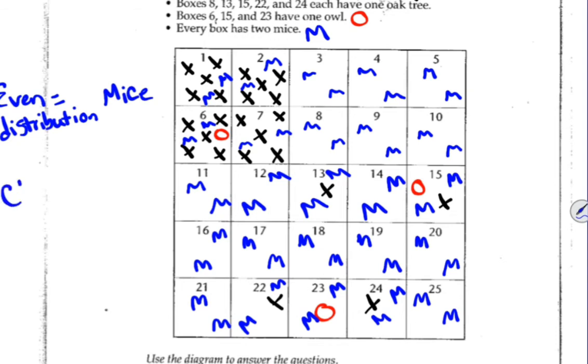Which group has more of a clump? The trees, the oaks are clumped. And what probably happened there is your original oak tree probably grew in one of those first 4 grids, 1, 2, 6, or 7. Okay, the acorns were distributed, and they're going to fall most closely to the parent tree first.